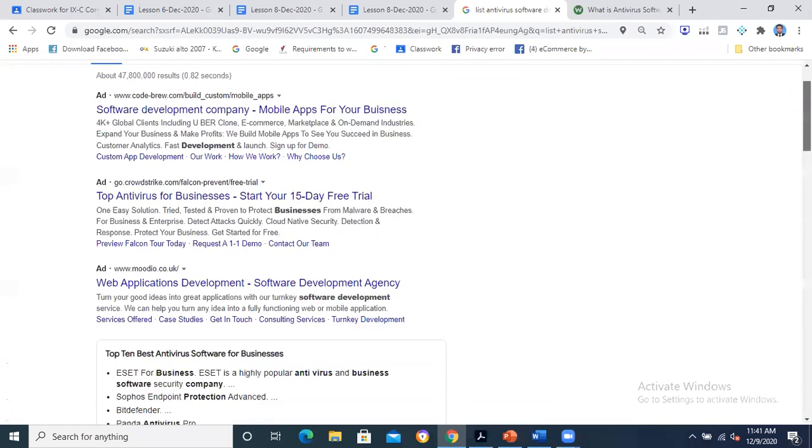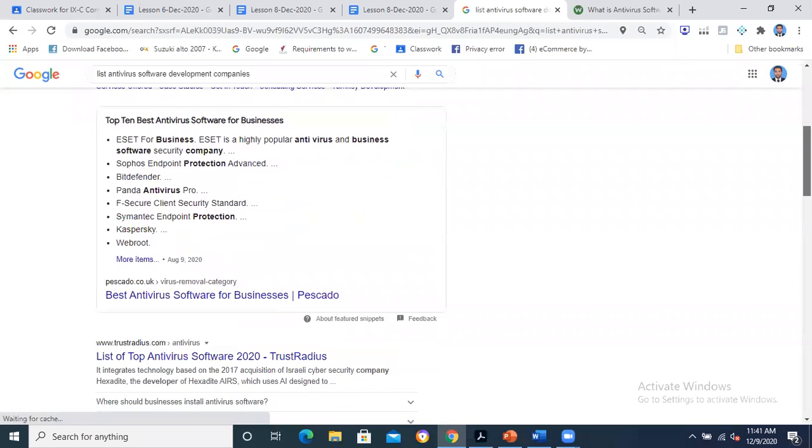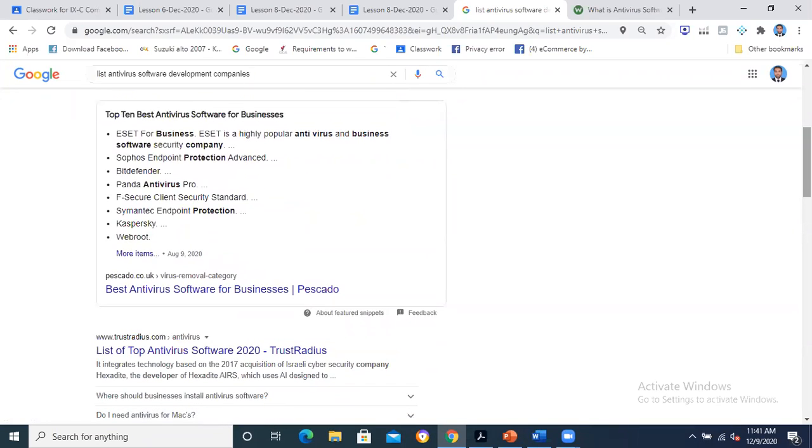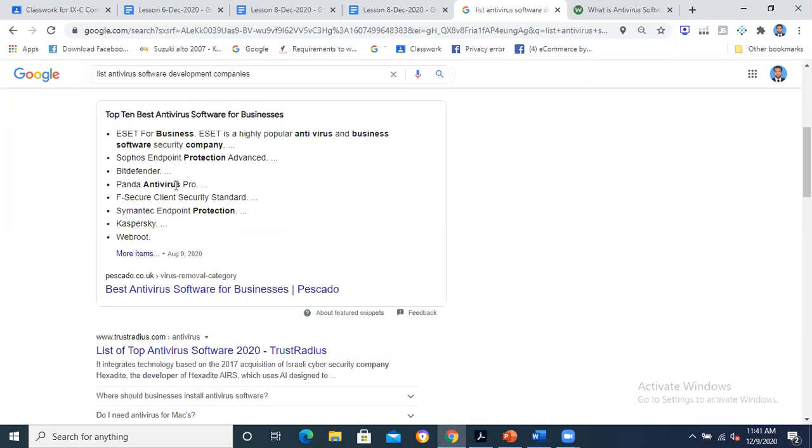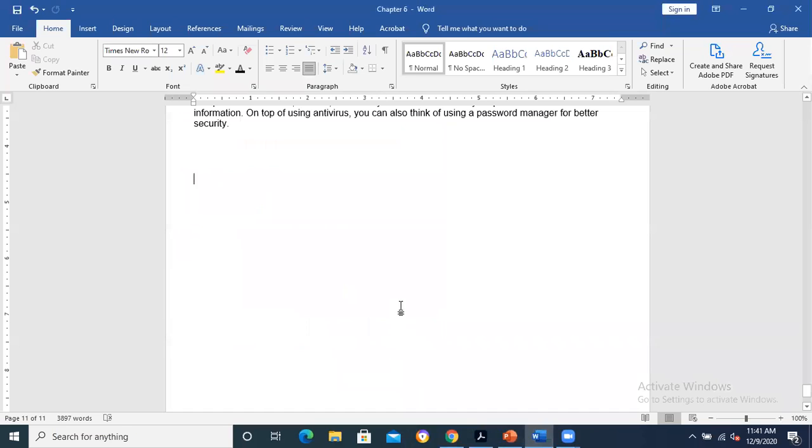You can see over here antivirus software for business. Of course, all the software which is there belongs to some companies. They have registered with the same name normally for their company. So there are a number of companies which are dealing with antiviruses.